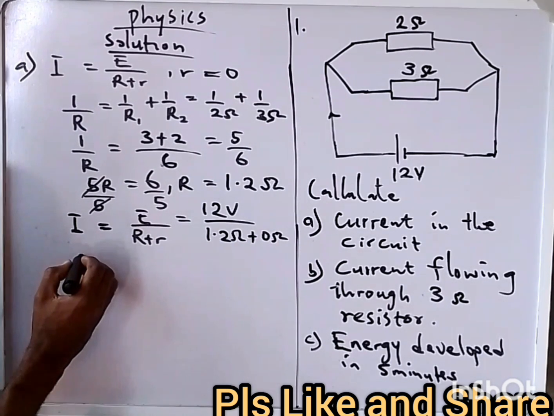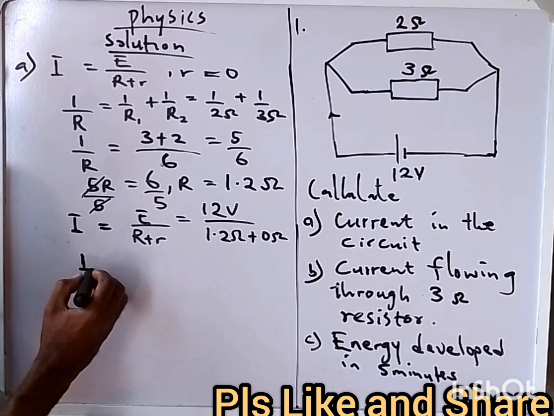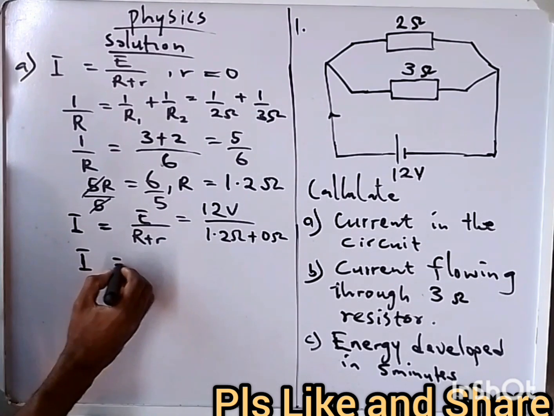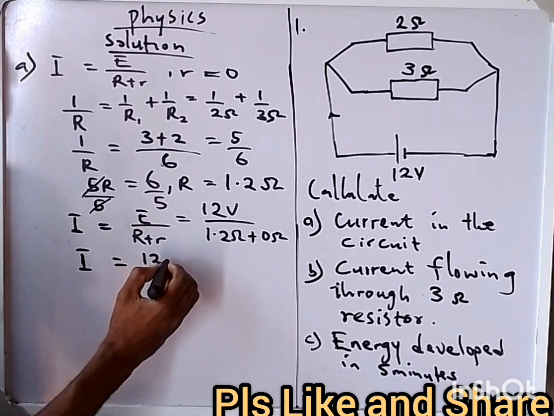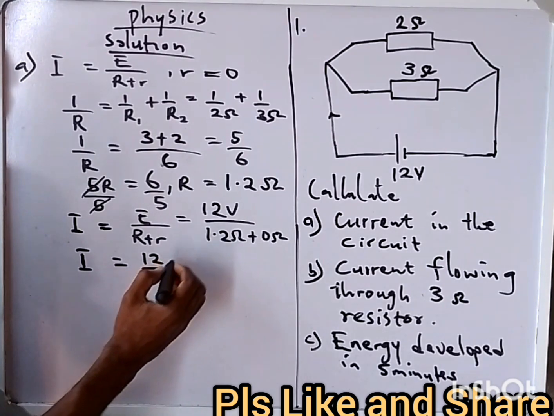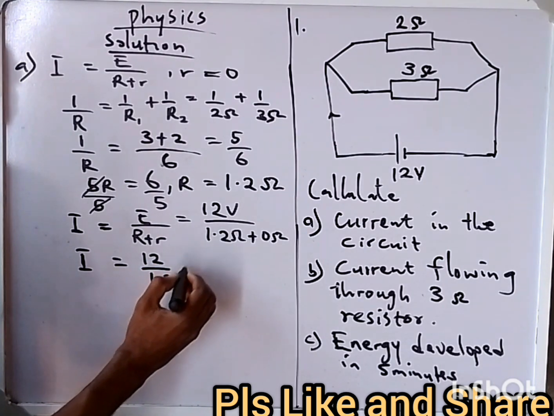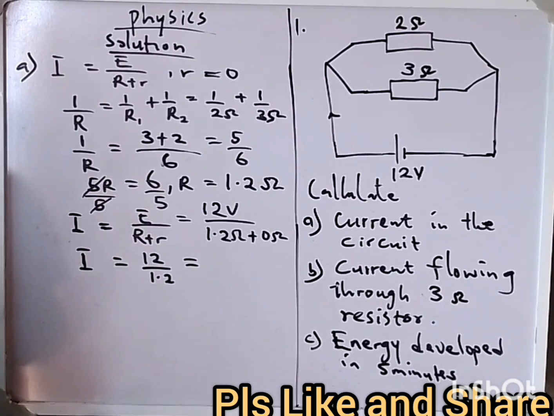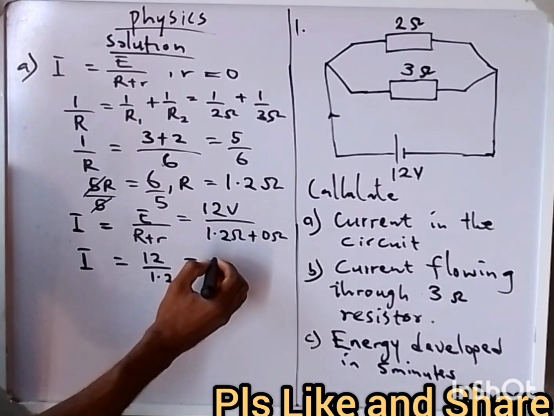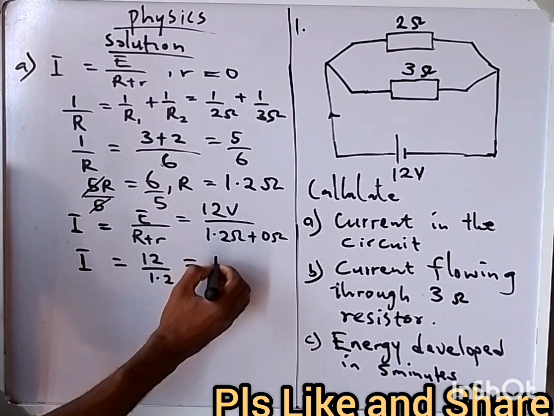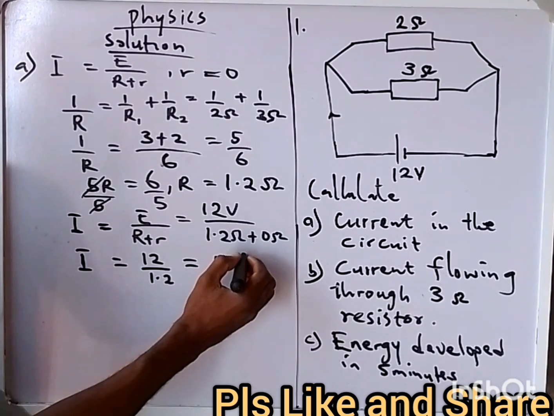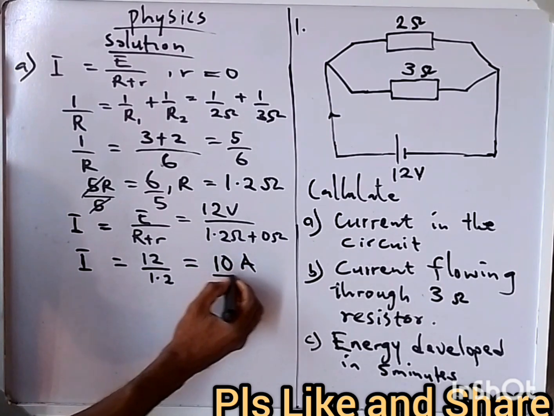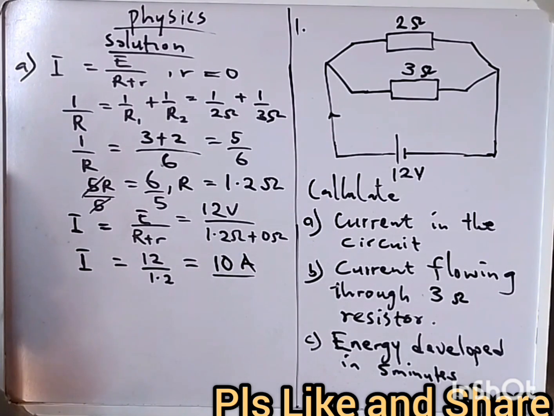So our I is equal to 12 over 1.2, which is 12 divided by 1.2. If you press your calculator, it will give you 10 ampere. So the current in the circuit is 10 ampere.